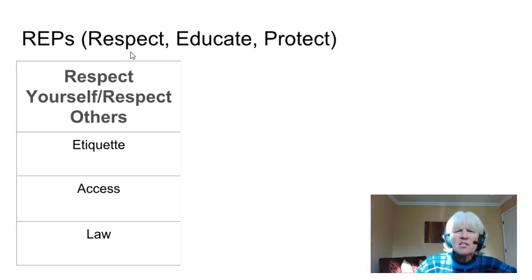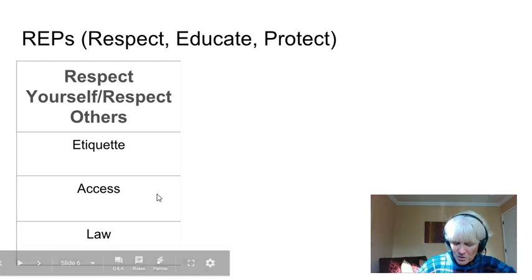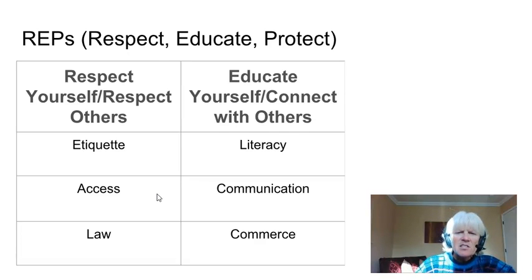So, going back to the Ribble framework, he has divided topics into 3 broad categories. The first category is respect yourself and respect others, and that comprises etiquette, access, and law. That's going to be your lesson 1, or your lesson 1 topic will come from among those 3 areas.